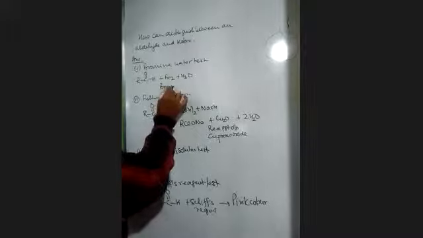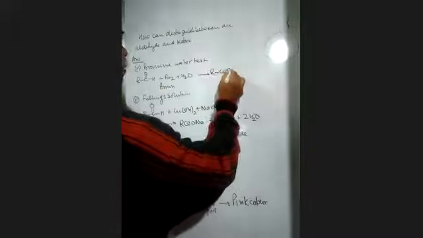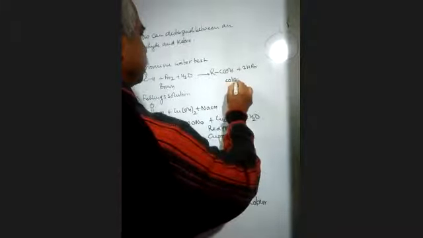This is brown. What will happen now? Bromine water is going to oxidize this, and you get here this. So the solution becomes colorless. So this, and this are not given in your textbook.